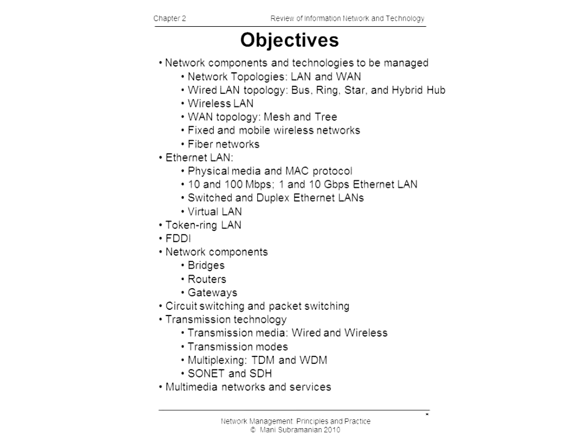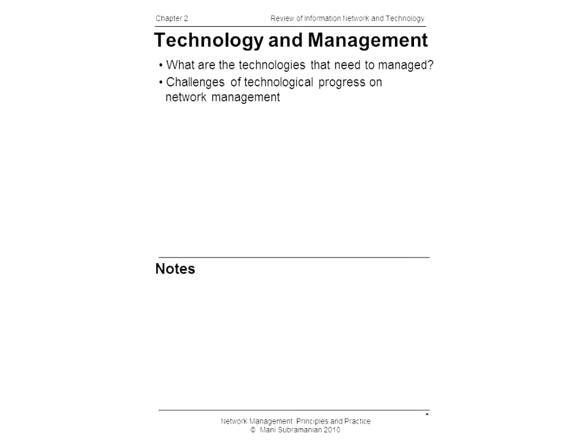And then we will see virtual local area network and token ring, FDDI, that is fiber distributed data interface. Then different network components like bridges, routers, gateways, and different types of switching techniques, circuit switching and packet switching, and transmission technologies.